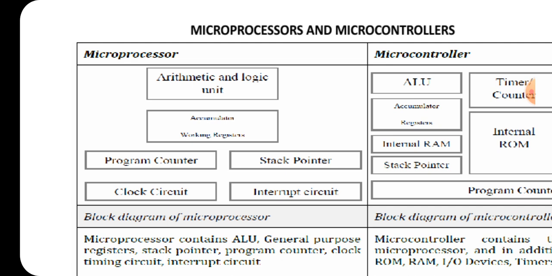If you design a circuit using a microprocessor, you need external memory like external RAM and ROM, and if you want to interface external devices, they can't be interfaced directly with the microprocessor. In between we require some intermediate or interfacing devices by which you can connect external peripheral devices to your microprocessor.